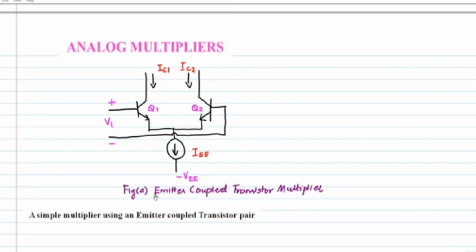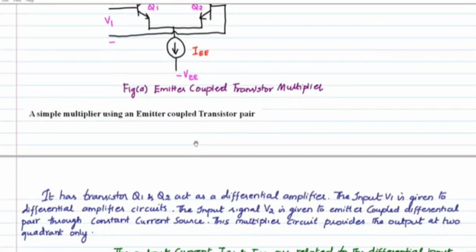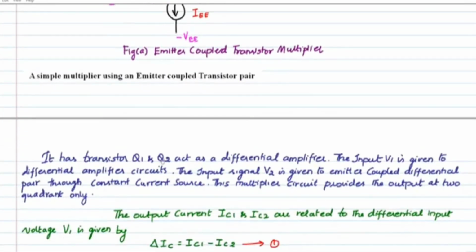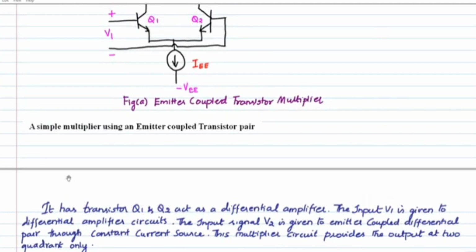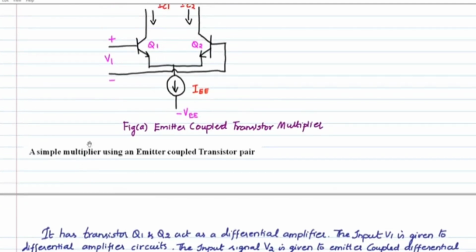I am Dr. Vinod. So in this video, we are going to discuss the emitter coupled transistor pair. It is also called an emitter coupled pair. Here you can see an emitter coupled transistor pair circuit which consists of two transistors, Q1 and Q2, whose emitters are connected together.